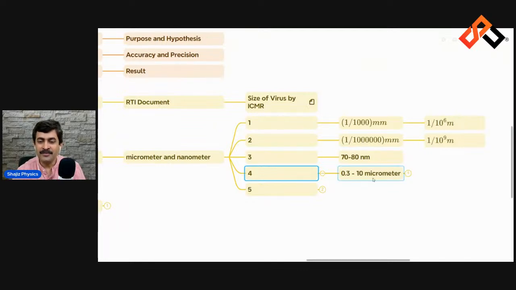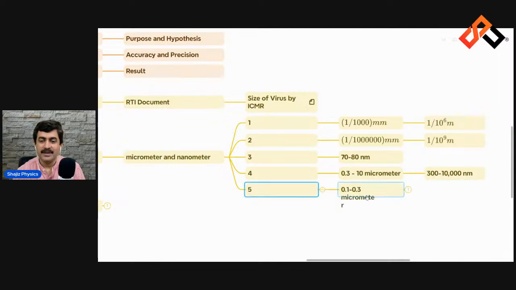Now, what about 0.3 micrometer? 0.3 into 1000, that means 300. 10 micrometer means 10,000 nanometer. So the average pore size of a standard surgical mask as given by National Institute of Virology, ICMR, is 300 to 10,000 nanometer.